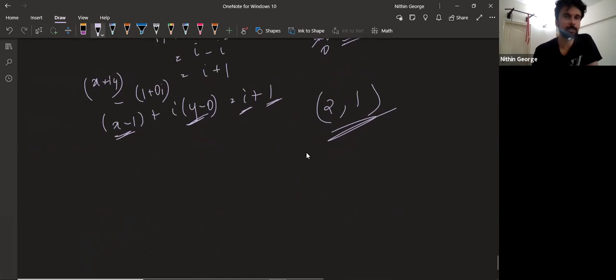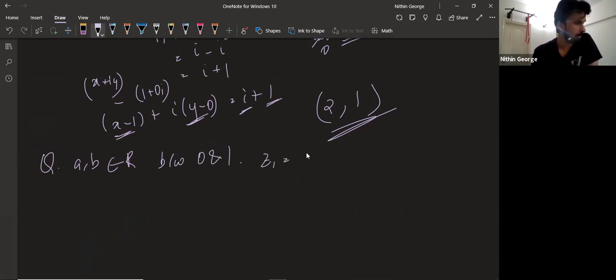So I'll give you a question. That's your homework. A and B are real numbers between 0 and 1. Z1 equal to A plus i. Z2 equal to 1 plus Bi. Z3 equal to 0.